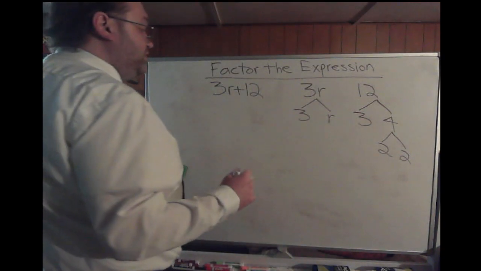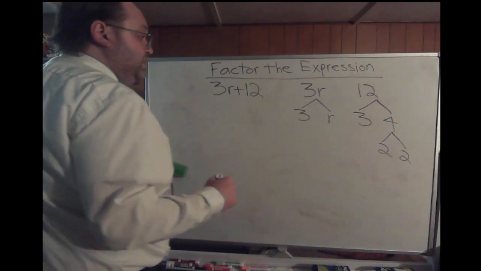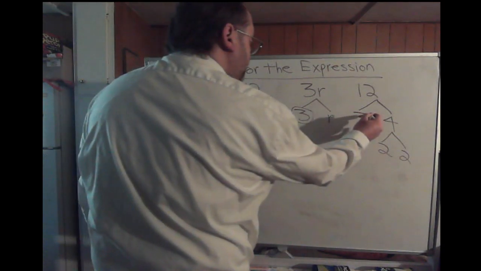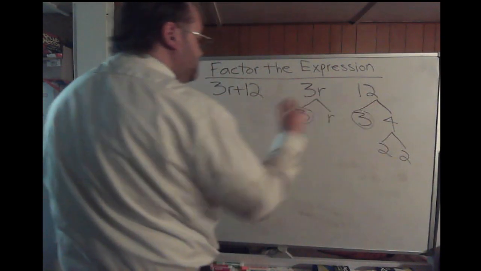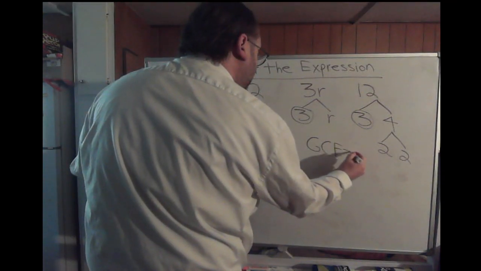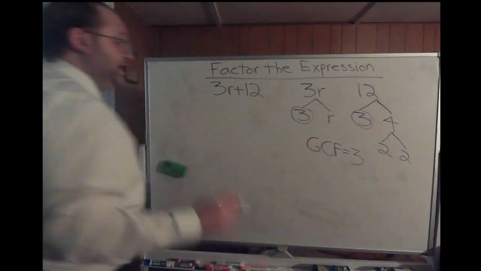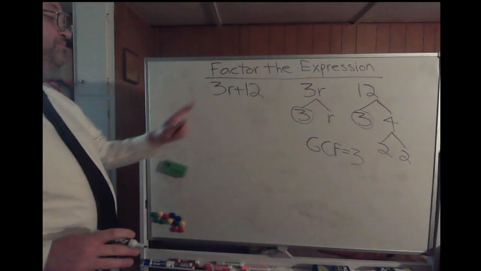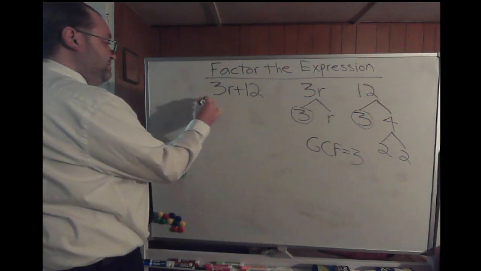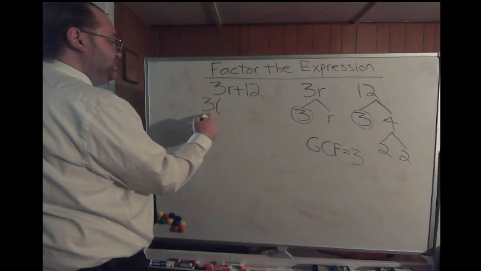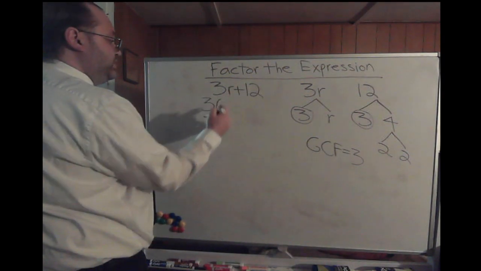Now just look for what do they both have in common. Well, they both have a 3 in common, that's for sure. They don't have an r or 2 in common, so it settles it that your greatest common factor is 3. Now that you've identified your greatest common factor, you're going to take that greatest common factor outside of the parentheses. So 3 times what equals 3r?